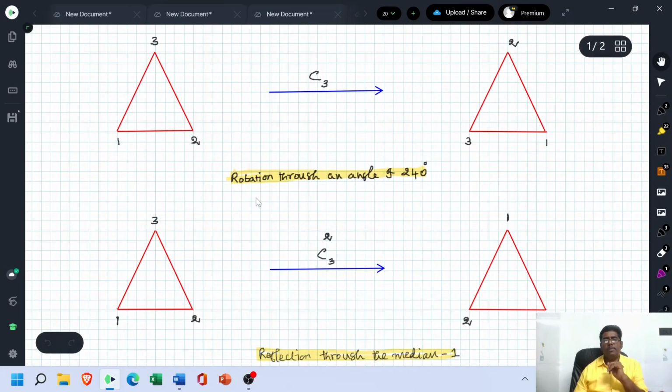Next operation is rotation through an angle of 240 degrees. If you provide 240 degree rotation about the vertical axis in the anticlockwise direction to this triangle, then the points 1, 2 and 3 are shifted like this. The 1 is reaching this point, then the point 2 is reaching this point, and 3 is reaching this point.